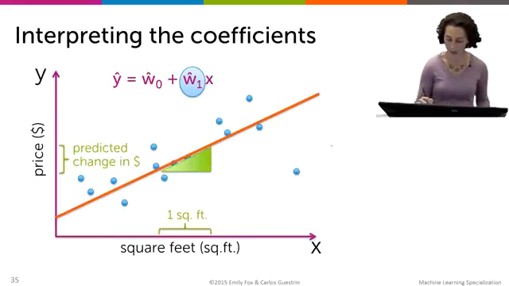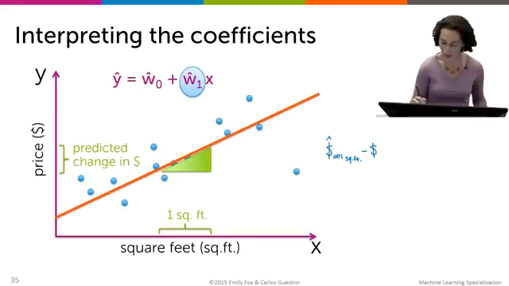So for example, let's say I'm looking at estimating the value of a house with 1,001 square feet. And I want to look at the difference relative to the estimated value of a house with just 1,000 square feet.